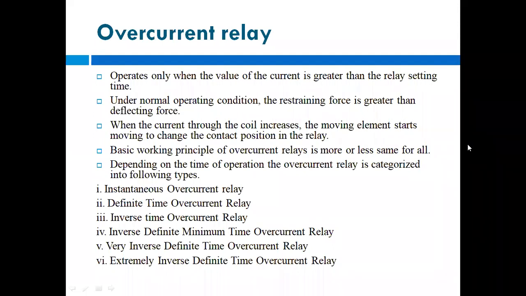If the current flowing through that relay is more than that pickup value or current setting, then the relay operates. That is called the overcurrent relay. It operates when the value of current is greater than the relay setting of time and current.